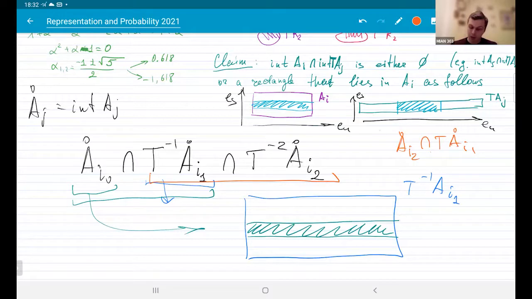Therefore, here we have this figure, the right one. And inside this, it is a vertical stripe.